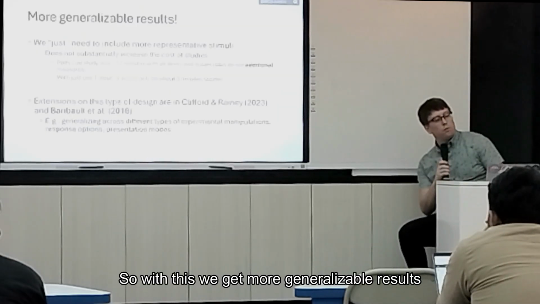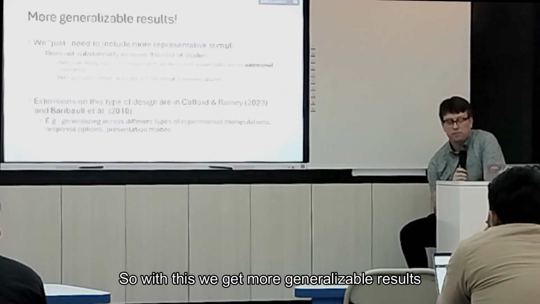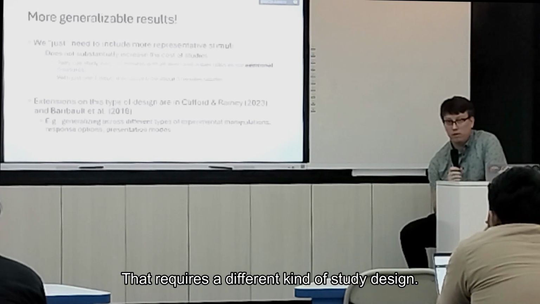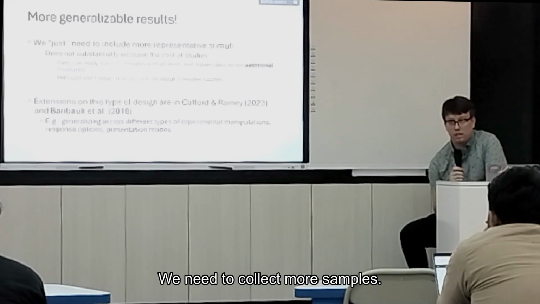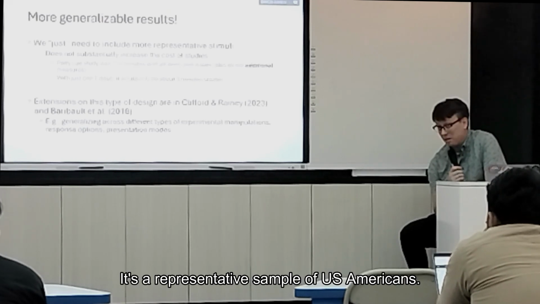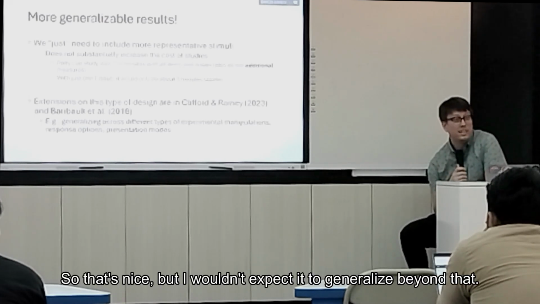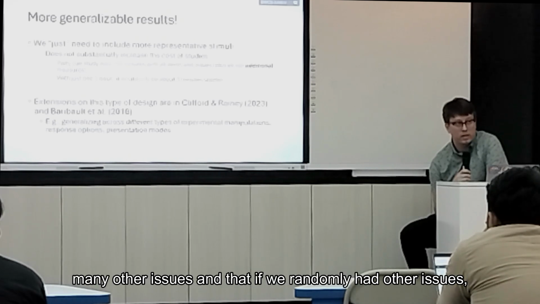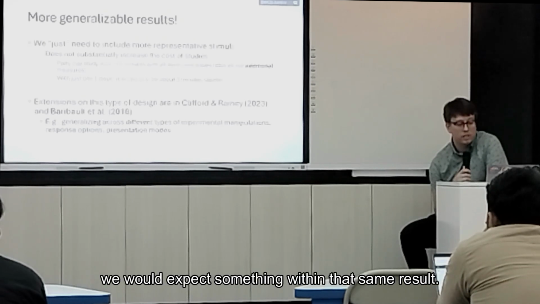So with this, we get more generalizable results across stimuli. Not across samples. That requires a different kind of study design. We need to collect more samples. My data is just from US Americans. It's a representative sample of US Americans, so that's nice, but I wouldn't expect it to generalize beyond that. But I do predict that within that sample, we could generalize to many other issues, and that if we randomly pick other issues, we would expect something within that same result.